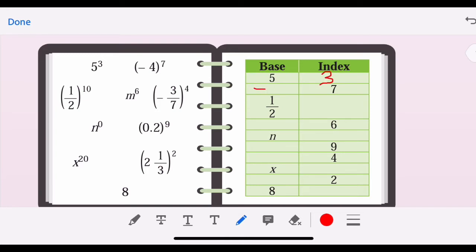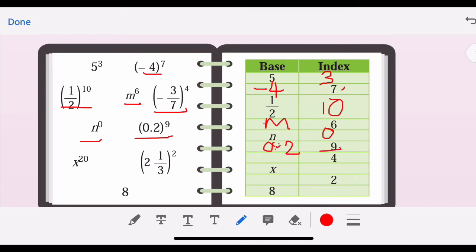Alright, so referring to here, the base is 4, the index is 7. This one, the base is a half, the index will be 10. This one, the base will be m, and the index will be 6. This one, the index will be 0, and 0.2 is the base.